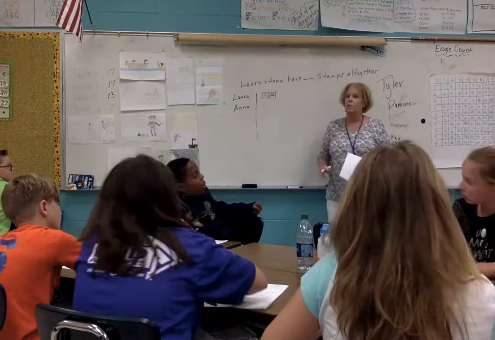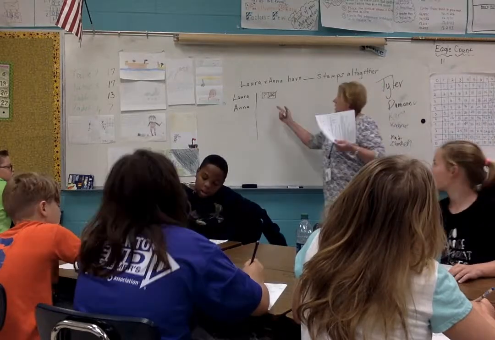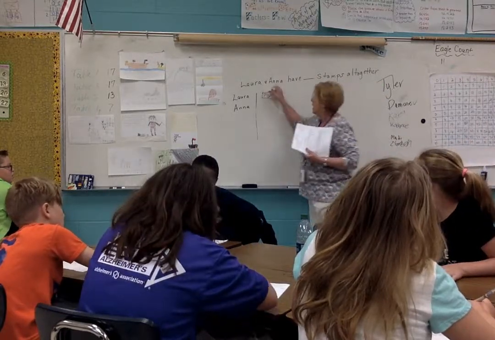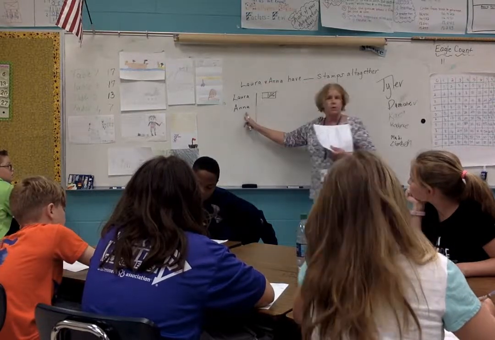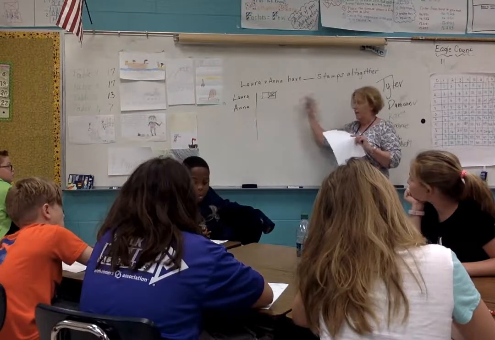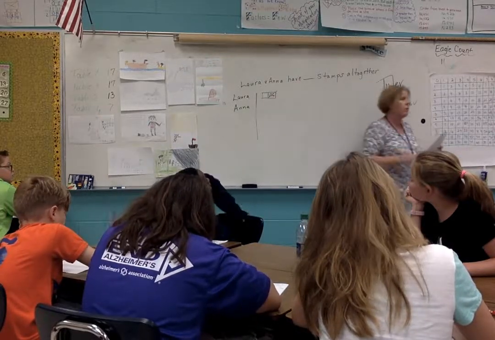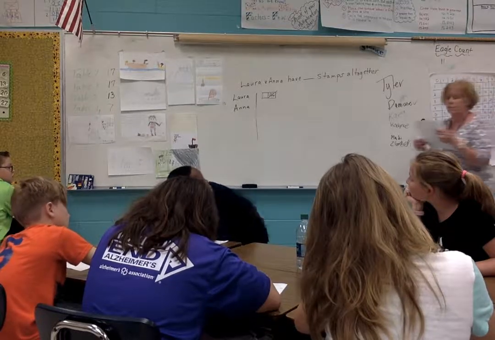I like the way you were right on top of that. You say, I have something, but I have 26 fewer than this person right here. So I've already established what Laura has: she has something, but 26 fewer.